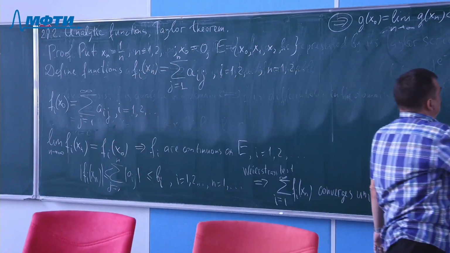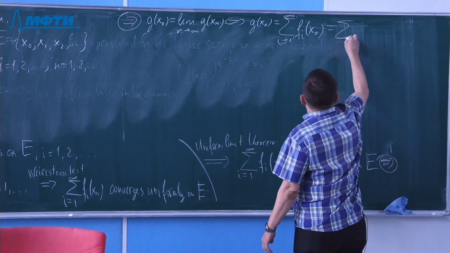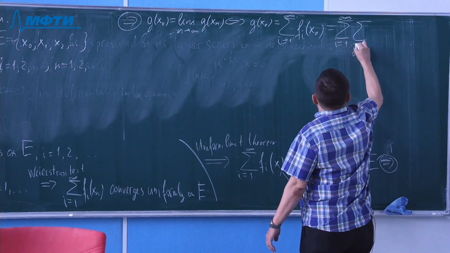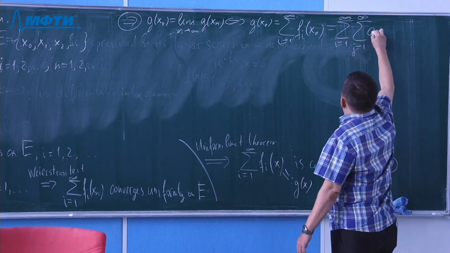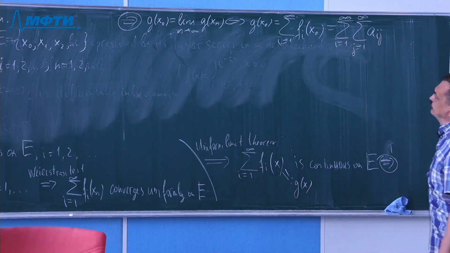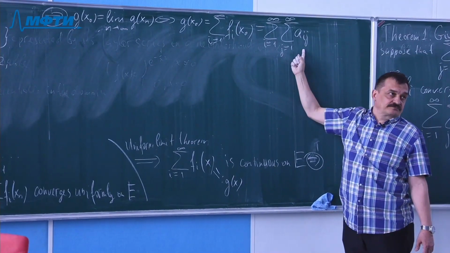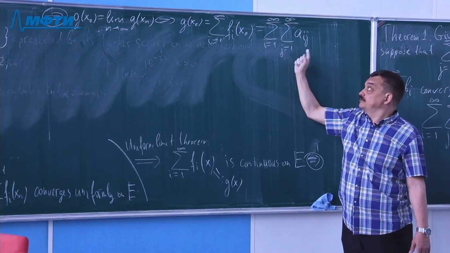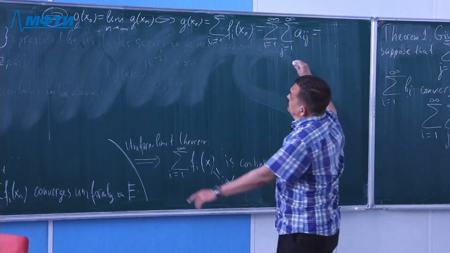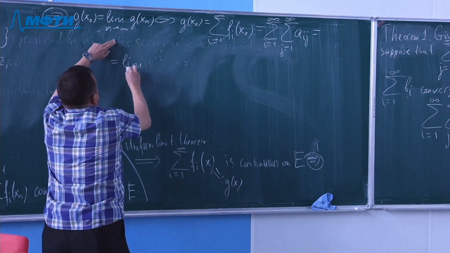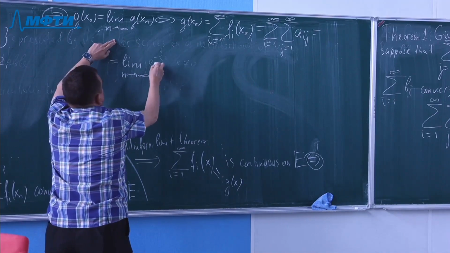Let me substitute them: the sum j from 1 up to infinity of a_ij. So that is nothing else but g of x_0. Then it is equal to the limit as n tends to infinity of g of x_n.